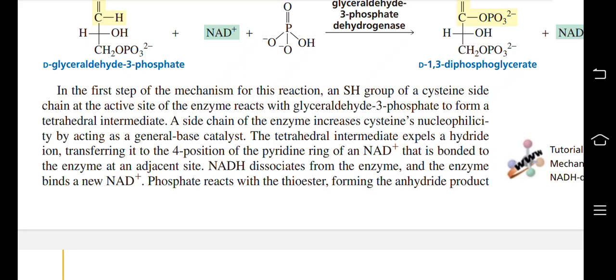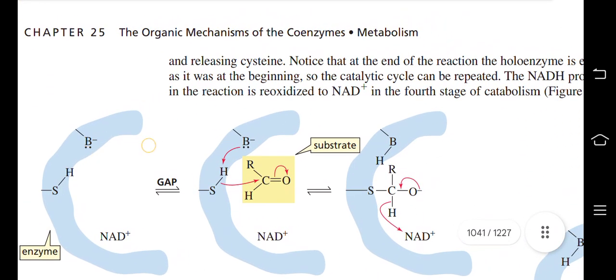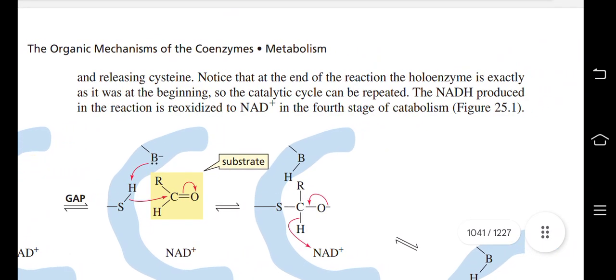Phosphate reacts with the thioester, forming the anhydride product and releasing cysteine. Notice that at the end of the reaction, the enzyme is exactly as it was at the beginning, so the catalytic cycle can be repeated. The NADH produced in the reaction is reoxidized to NAD positive in the fourth stage of catabolism.